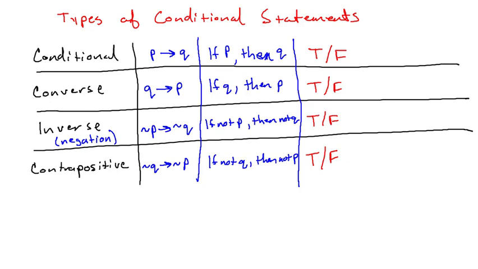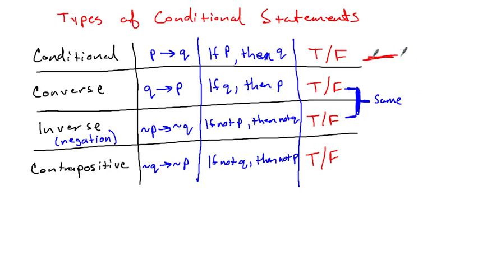But something very interesting about these is that the converse and the inverse are always the same. So if the converse is true, the inverse is true. If the converse is false, the inverse is false. And the conditional statement and the contrapositive statement are also always the same. So if the conditional statement is a true statement, you don't have to check the contrapositive. It's also a true statement. And the same goes if they're false.